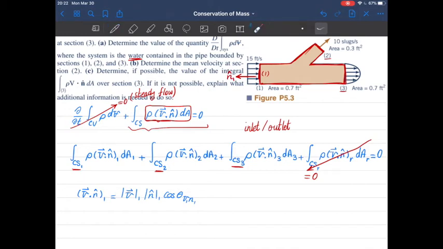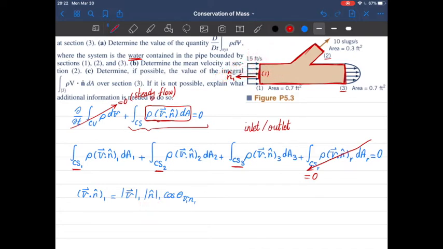Since the velocity is to the right and the normal to the surface is to the left, the angle between these two vectors is equal to 180 degrees. And also the magnitude of the unit vector here, n1, is equal to 1.